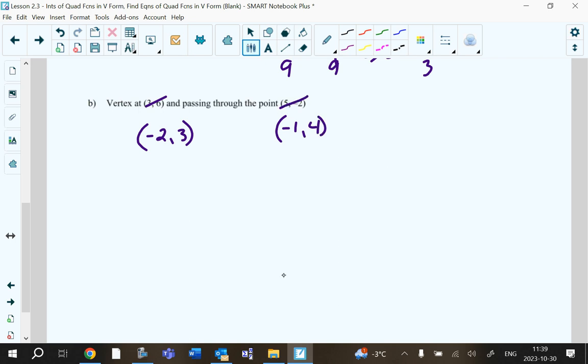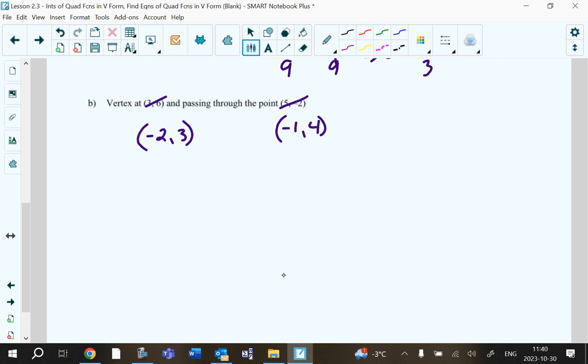Go find me that one. That's a new question. Oh, okay. I want you guys to practice this. Show me that you know how to do it. So this time the vertex is -2, 3.